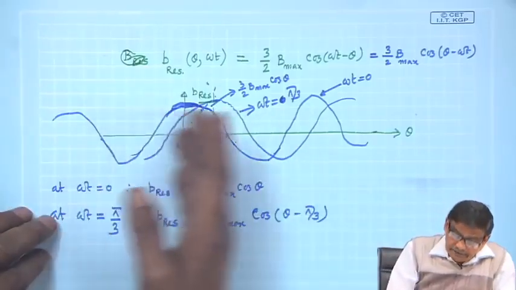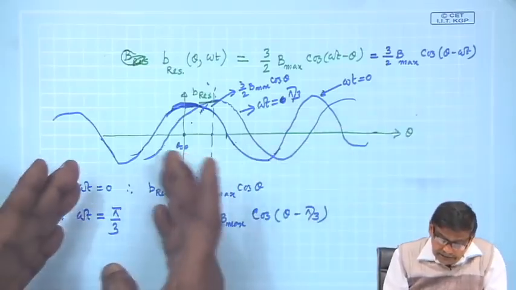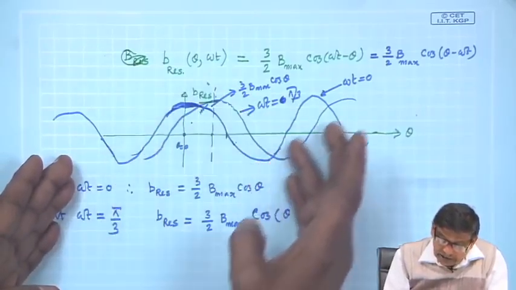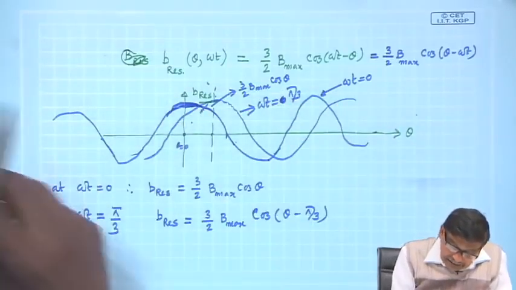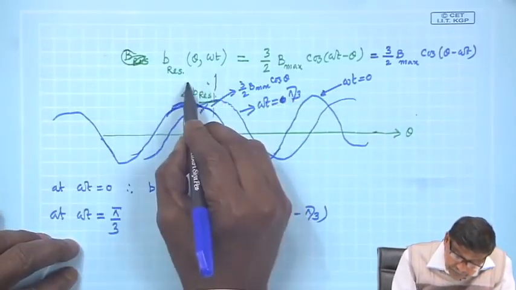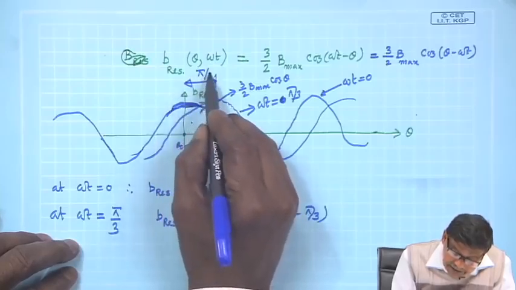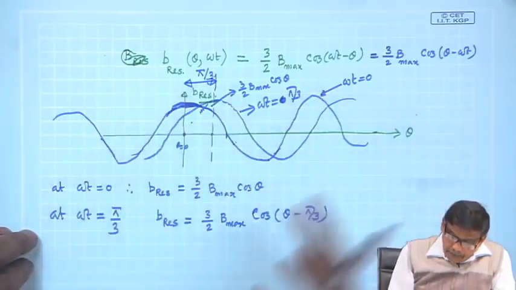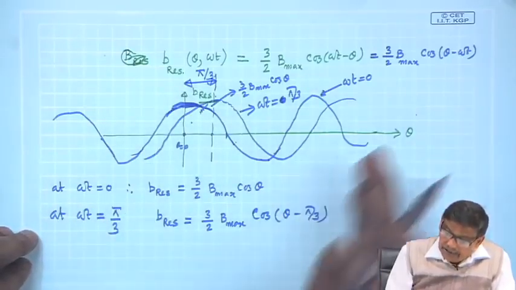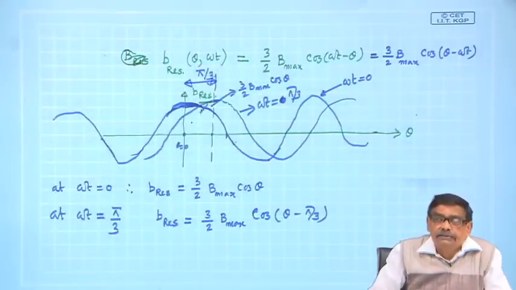It is shifting. Take another time, omega t equal to 90 degrees, then this original cosine waveform will shift by 90 degrees. So, here this angle is pi by 3. Therefore, for any arbitrary time, it will shift by that angle omega t.